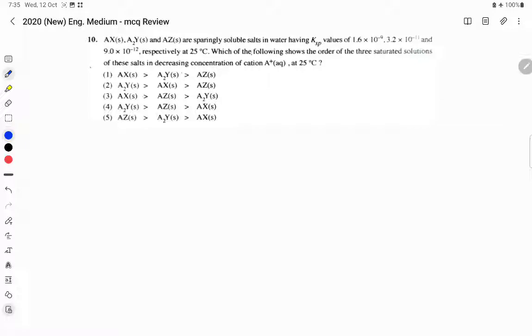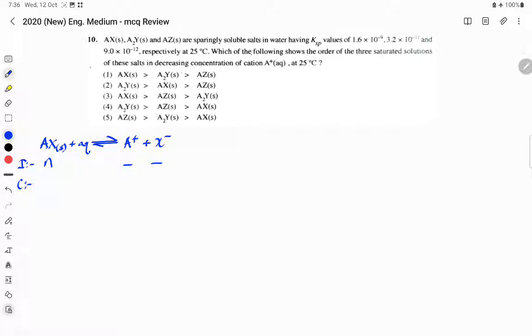Let's write down the ICE method for all the three compounds to have a saturated solution. So let's write down for AX. The solid gets dissolved in water to give A+ and X- in a saturated solution. Let's assume we have n amount of AX initially here. We don't actually need that value, but let's assume for the moment.